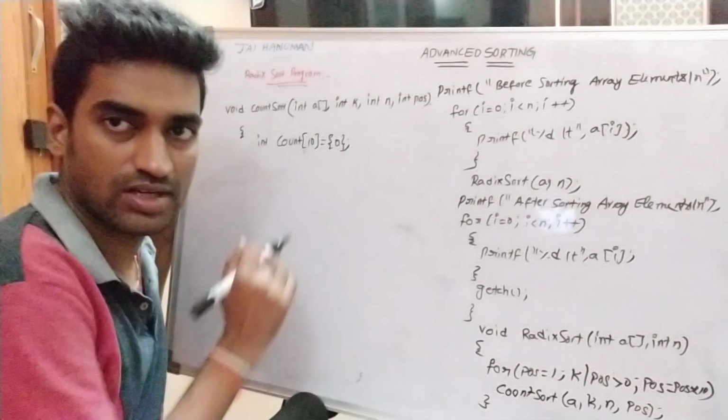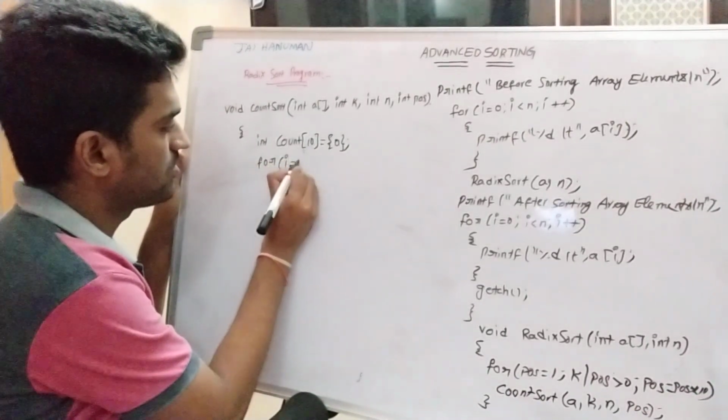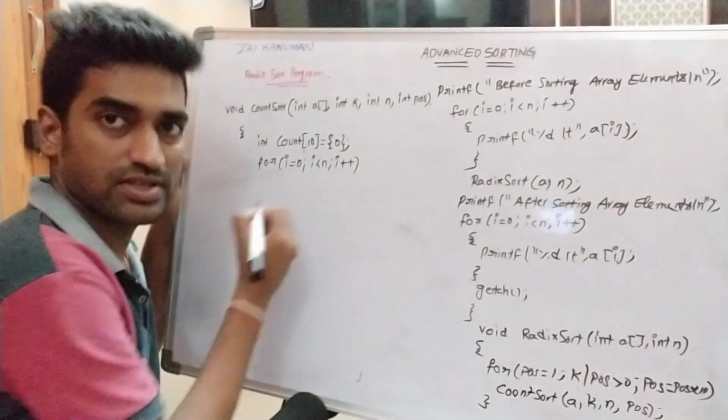So here I am taking the count array size. Then I am taking for i equal to 0, i less than n, i plus plus, right?